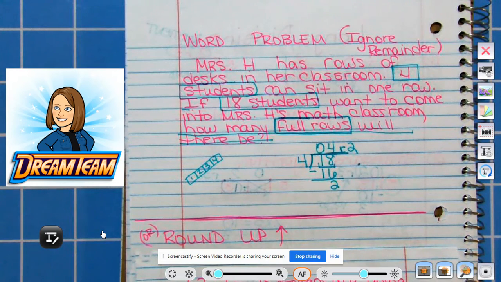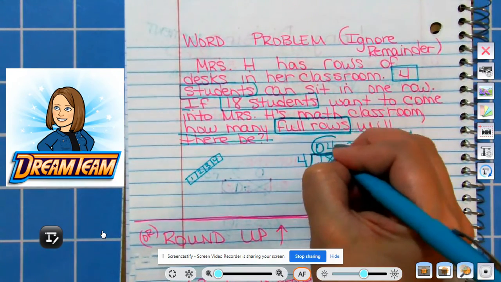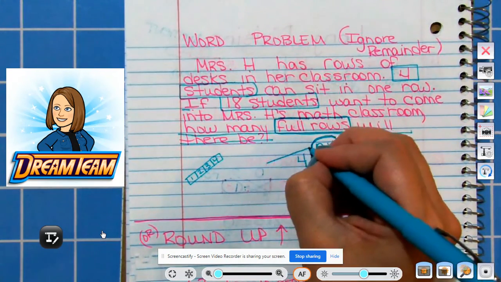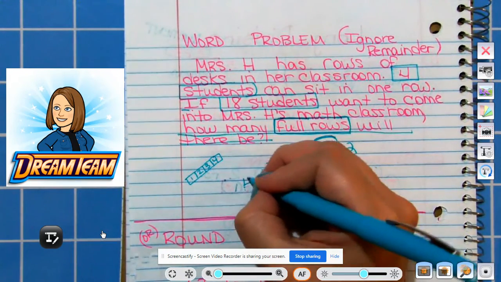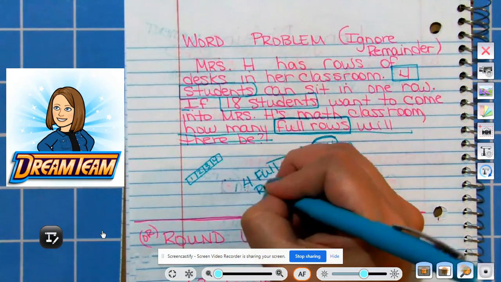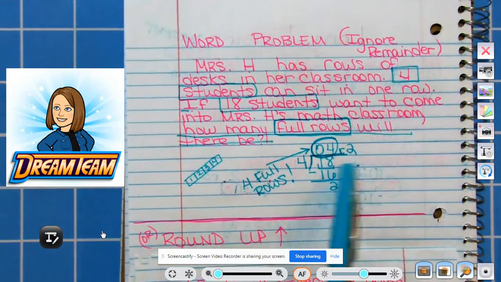but we have to pay attention to the question. How many full rows will there be? We're going to ignore the remainder. There's only going to be 4 full rows. We have 2 students left over.